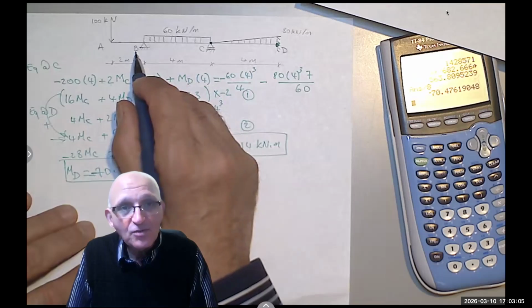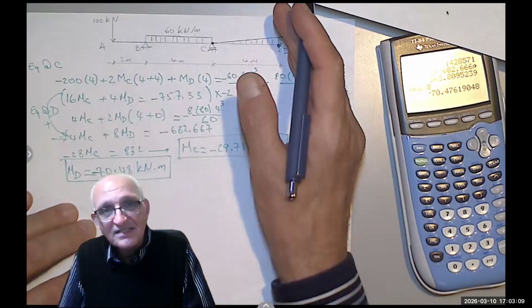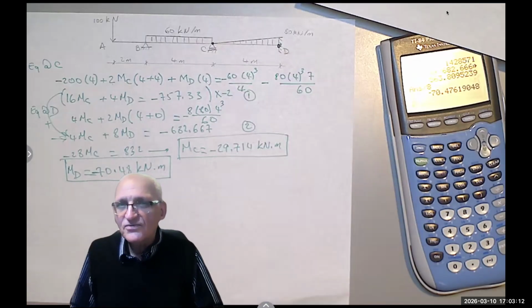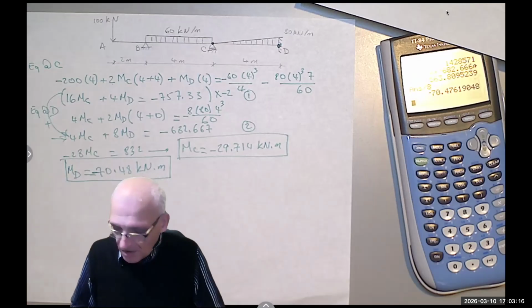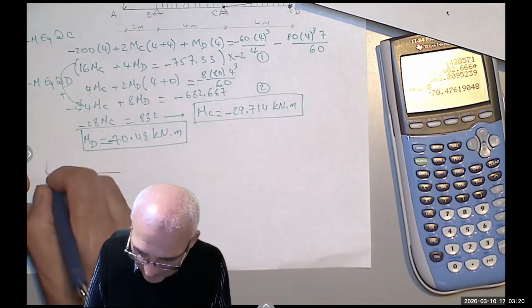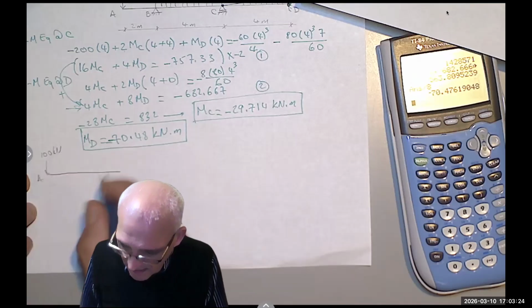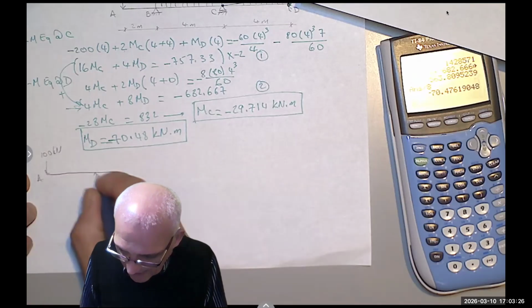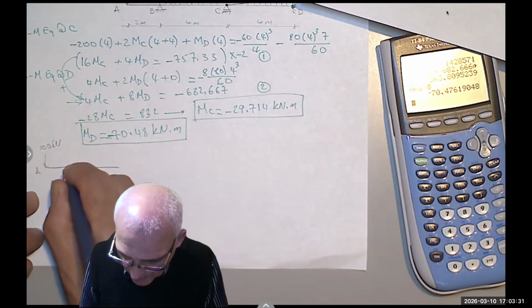So the best way is to find Dy from the left-hand side, and then Dy from the right-hand side, and then use summation of the forces in the y equals 0. It's much easier, right? So on the left-hand side, I have 100 kilonewton at A. Here is By, it's 2 meters.